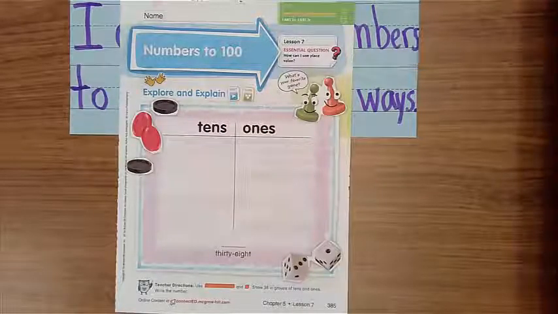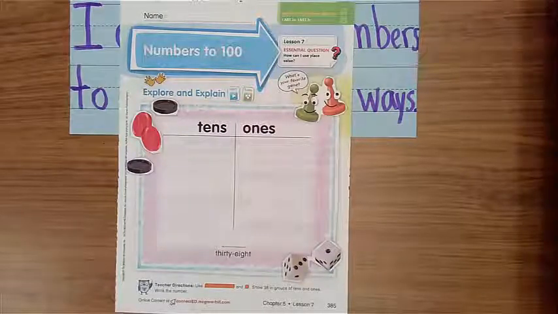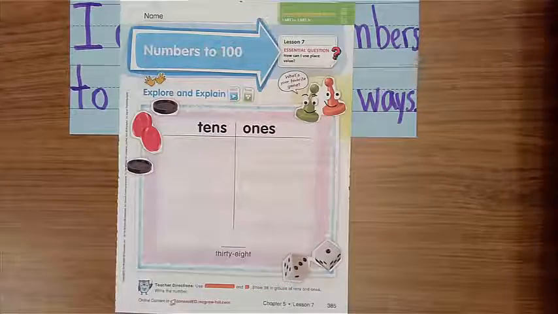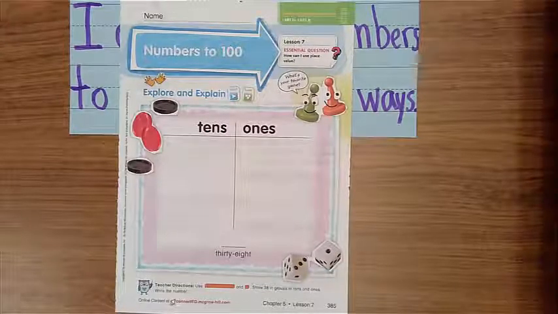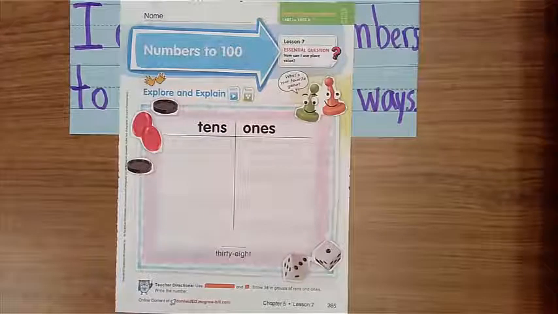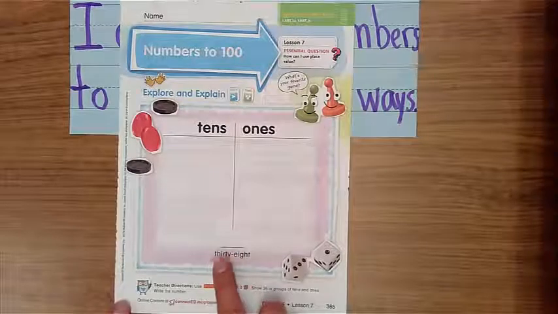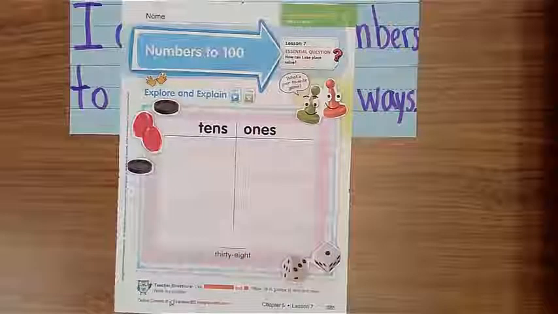Okay, so let's take out our book and please turn to page number 385 and we are going to get started. And so what we're going to do is show the number 38 in different ways.